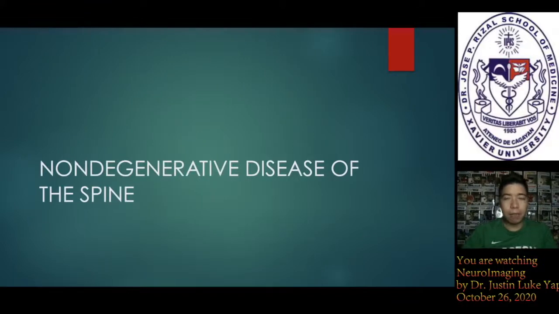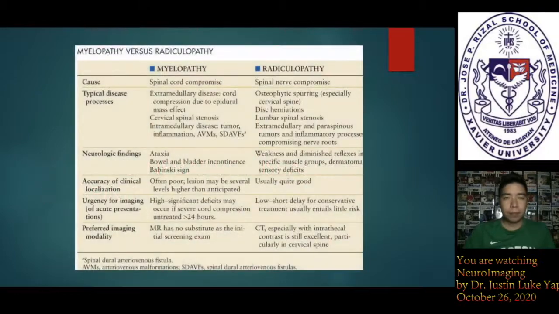For our last topic in neuroimaging, again I will go very quick on non-degenerative disease of the spine. So first, let us differentiate between myelopathy and radiculopathy. Basically the compromise involves either the spinal cord or the spinal nerve, and one of these is urgent.